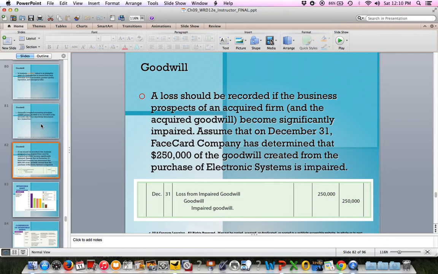There's lots of ways to do that, and how you do that is above and beyond the scope of this class. We get into that in intermediate accounting. So for those of you who move on to intermediate, you'll learn it then. But basically, we're just going to be told that goodwill has lost value. And so if we're told that goodwill has lost value, we're going to debit the loss and we credit the goodwill asset itself. Okay, so it's a very simple entry.